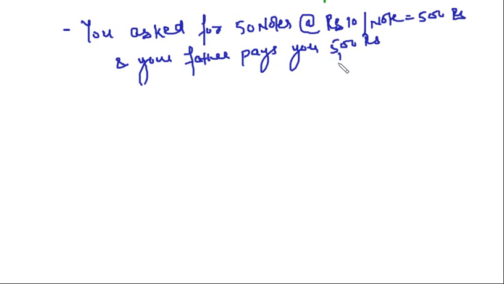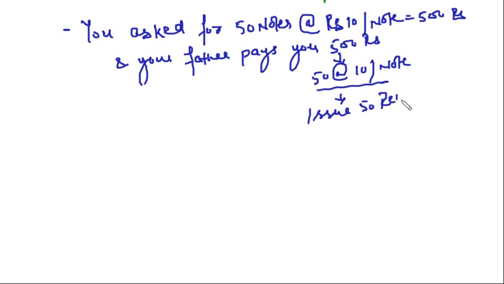Simple. He gives you 50 notes at the rate of 10 per note, and you issue 50 receipts. So this amount that you have received from your father, that is 500 rupees, is your subscribed capital. What is a subscribed capital?